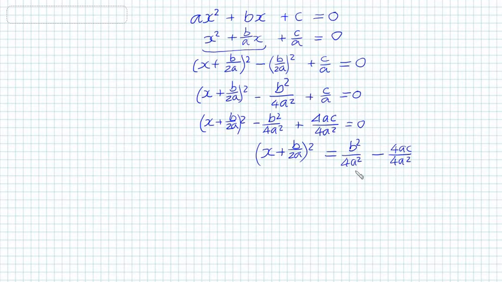Now Mum says we've left something in the corner because we can tidy this even further. We have a common denominator, so the right hand side becomes b squared take away 4ac divided by 4a squared.